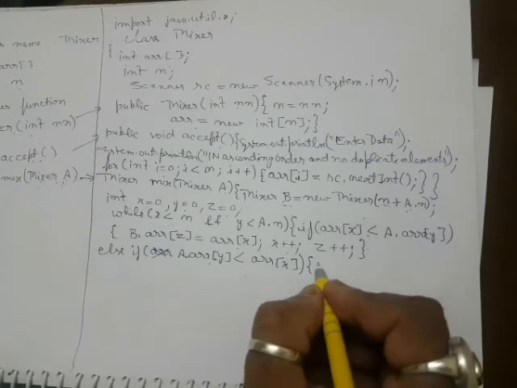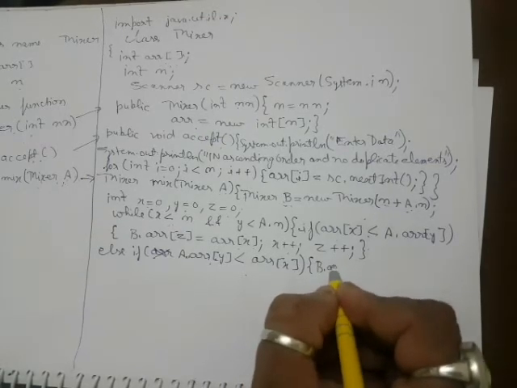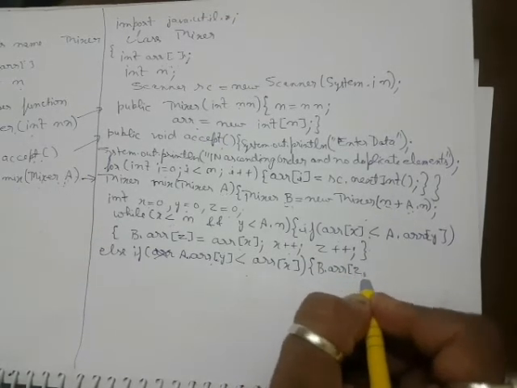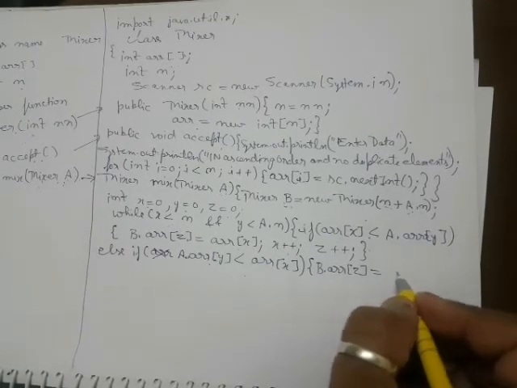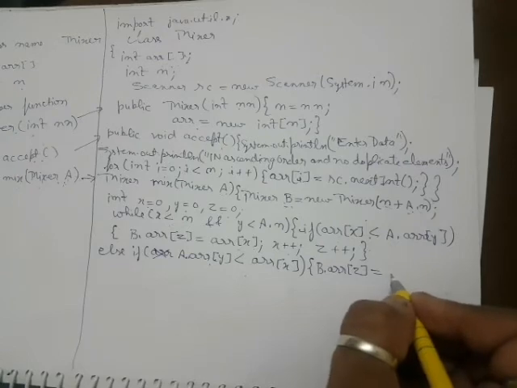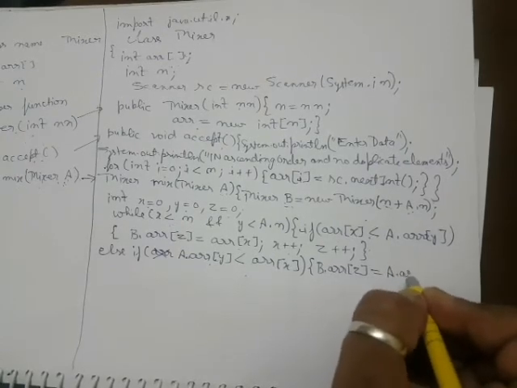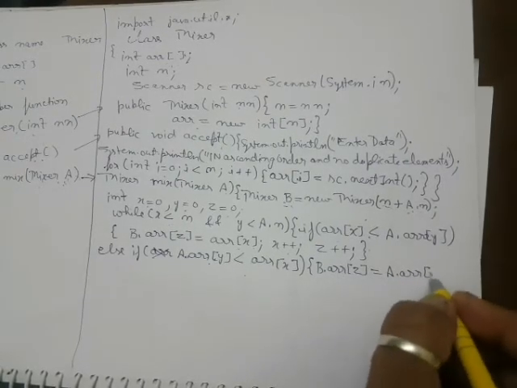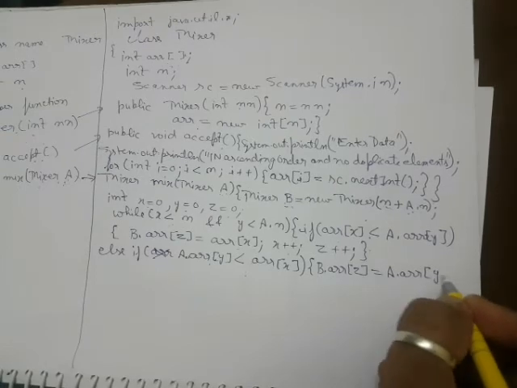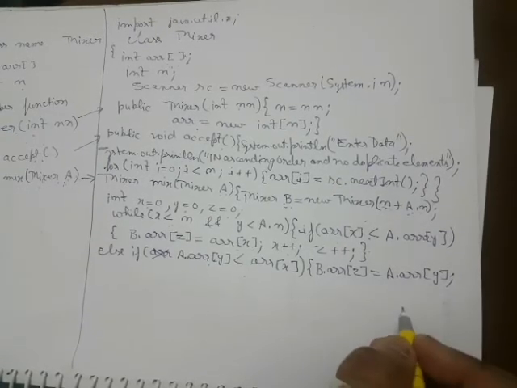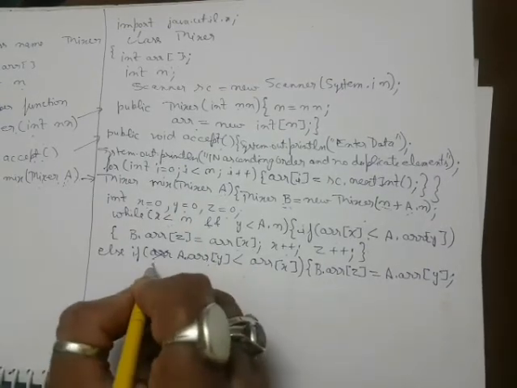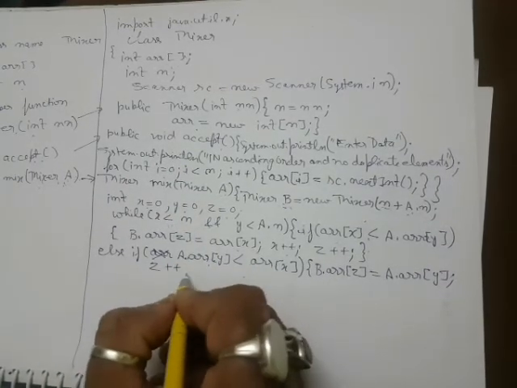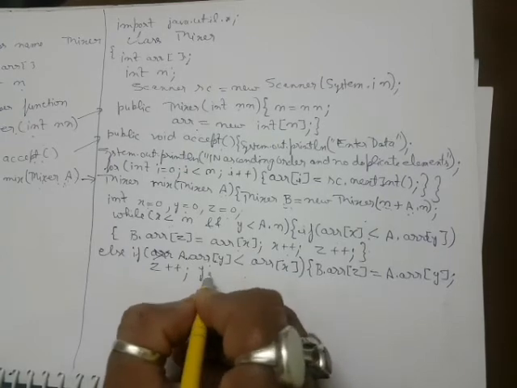So we write here b.arr[z], assignment operator, right? What to copy? a.arr[y]. That element will be copied. Now because of this, z and y are involved, so z++ and y++.